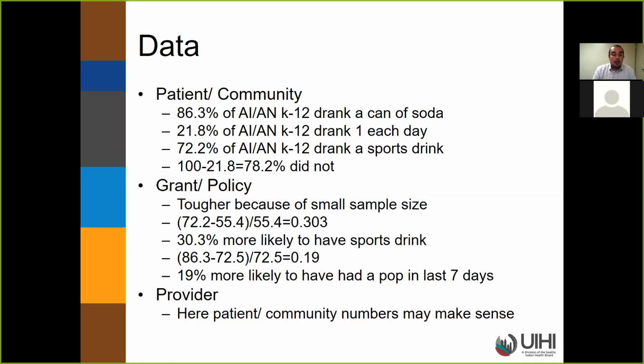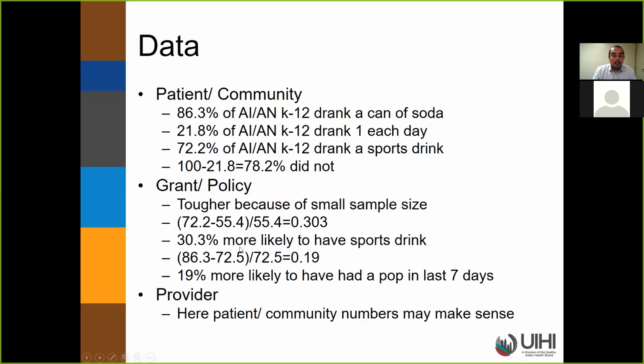So moving into grant and policy, these numbers are oftentimes difficult to analyze because of small sample sizes. So that's something to take into consideration. But again, when presenting the data for each of these groups, there might be a need to use the information that you have access to. So in looking at sports drinks, we take AIANs minus the referent over the referent, and we get 0.303.